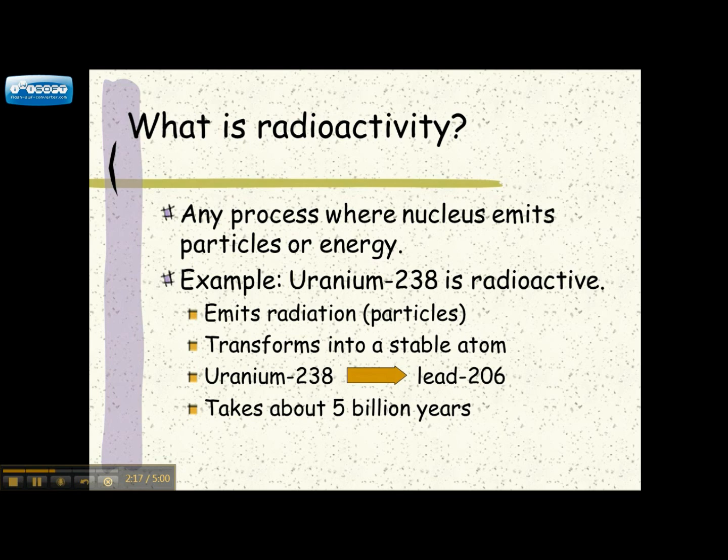So for uranium to go from uranium-238 to lead-206 takes 5 billion years. This is also why if you have a nuclear power plant, it can be really dangerous to deal with the nuclear waste associated with them, because it can take billions of years for that material to then completely degrade. We have to find somewhere to put it.